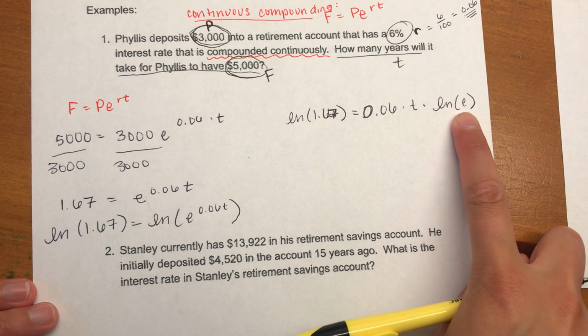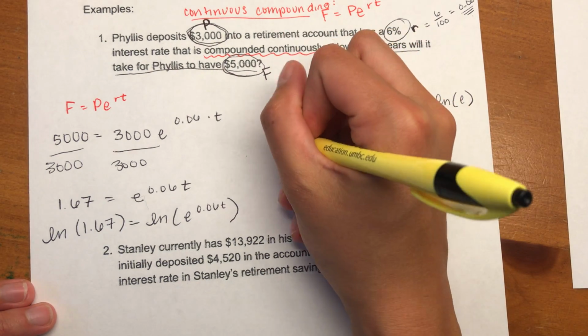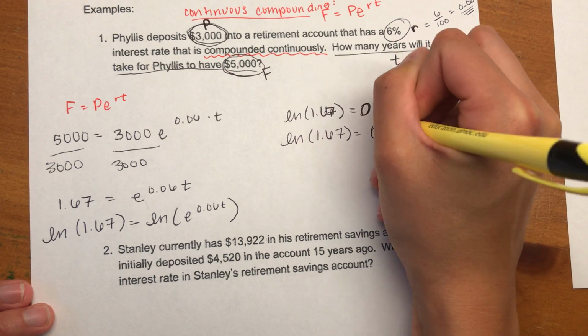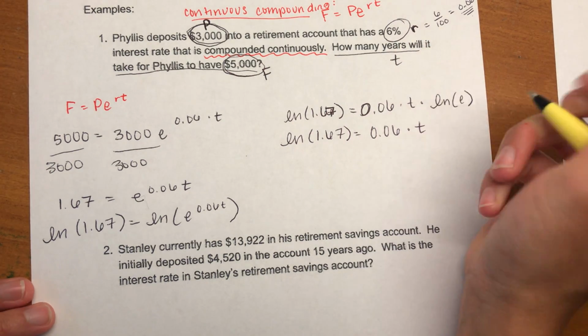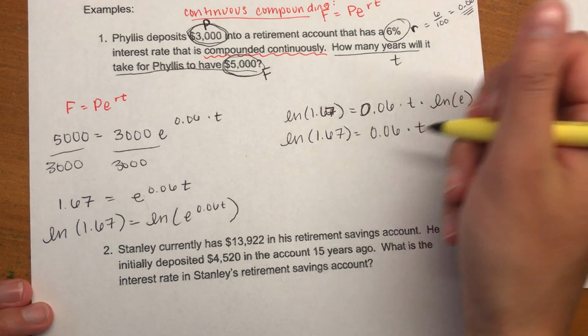And what is the ln of e? 1, right? So we have ln of 1.67 equals 0.06 times t times 1, which is invisible. Then I can solve for t.